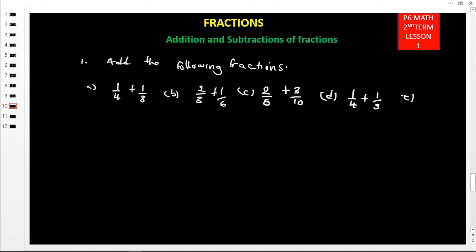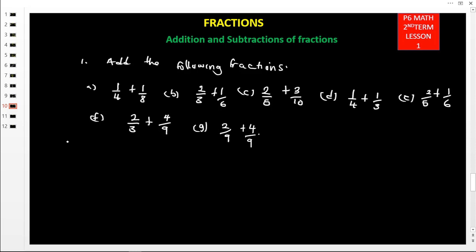Then part E, we are having 2/5 plus a sixth. Then part F, it is saying 2/3 plus 4/9. Then part G, it is giving us 2/9 plus 4/9.